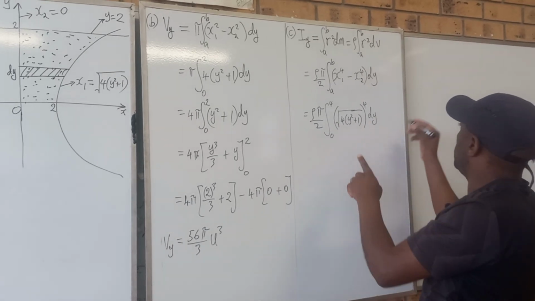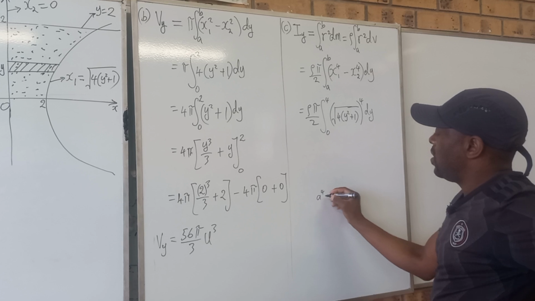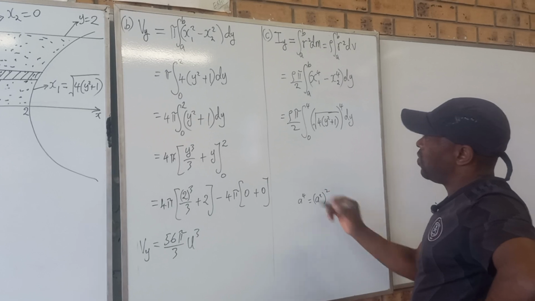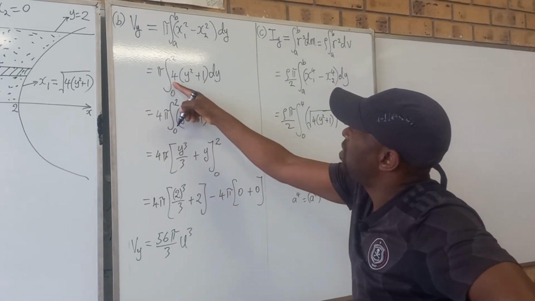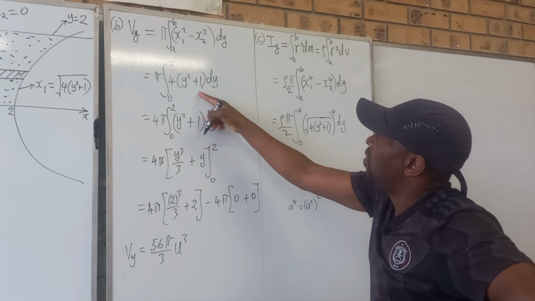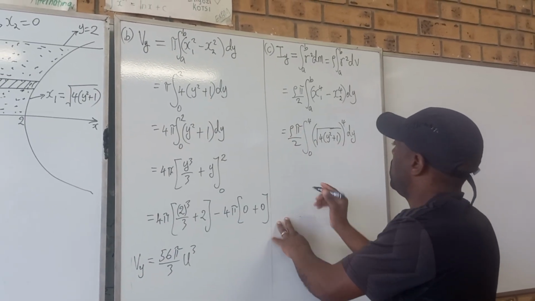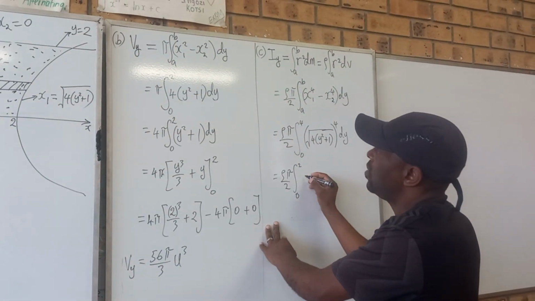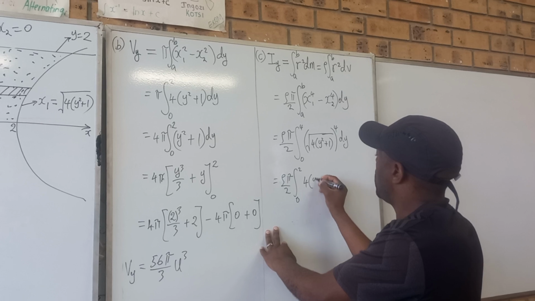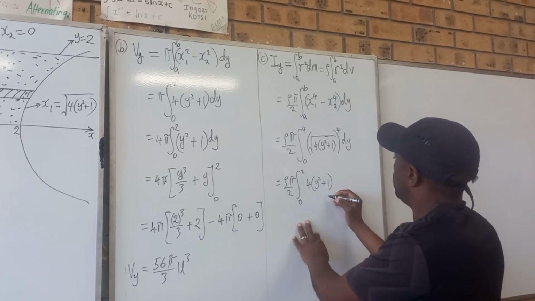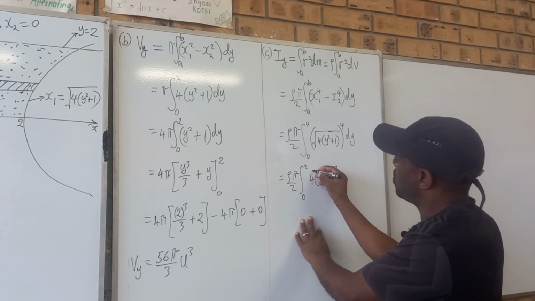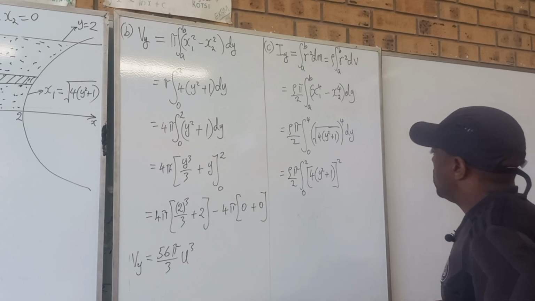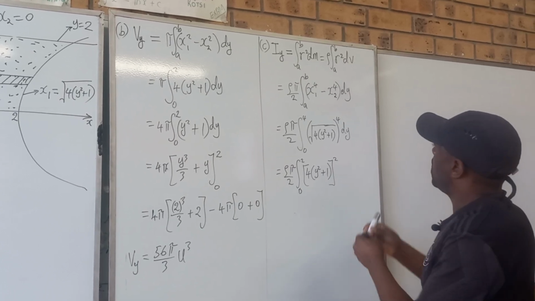So if I'm raising something to the power 4, it's like I'm raising it to the power 2, then to the power 2 again. If we raise it to the power 2, like we did here, the first thing it will create will be this one, 4 into y squared plus 1. So in that way, we will be getting pi density over 2, the integral from 0 to 2, of 4 into y squared plus 1. That is like we've raised to the power 2, then we will raise to the power 2 again, because the 4 you see there is the same thing as 2 times 2.